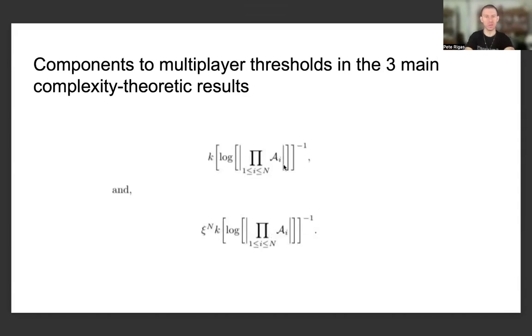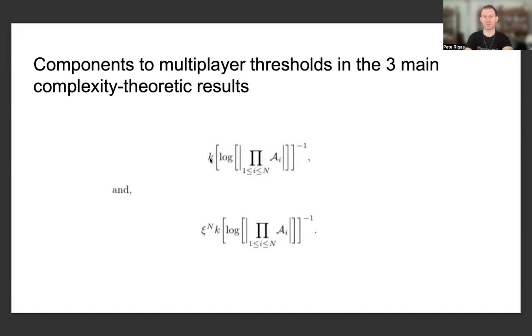And the viewer will recall that to generalize these types of results, we're looking at components of the multiplayer thresholds in the three main complexity theoretic results that were being used to obtain some desired conclusion about the optimal value.